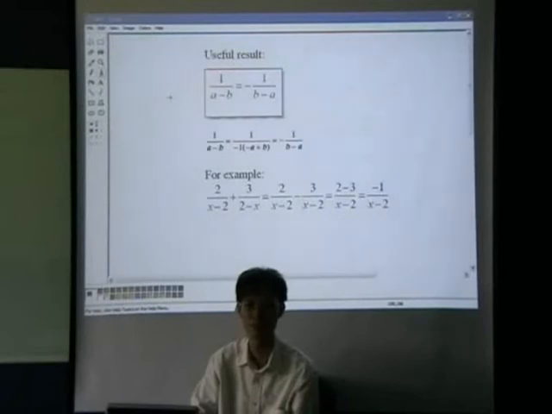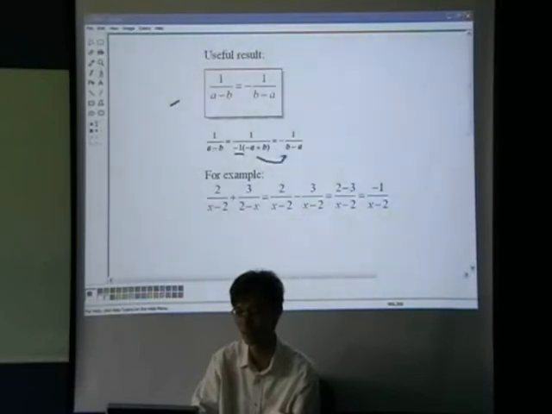When doing addition and subtraction of algebraic fractions, one useful result is 1 over a minus b is equal to negative 1 over b minus a. This can be easily proven by factorizing out a minus 1 from a minus b to give you this result of minus 1 over b minus a. One example is 2 over x minus 2 plus 3 over 2 minus x.